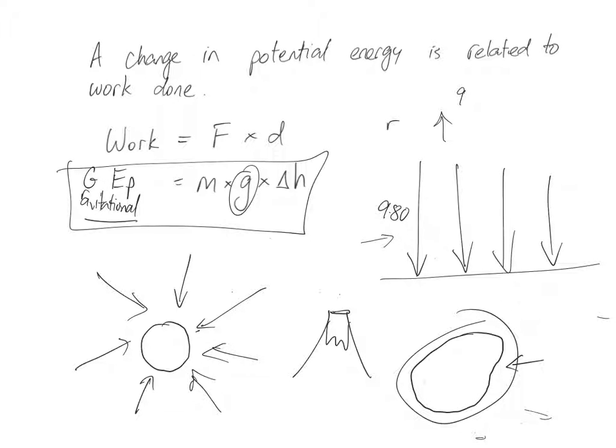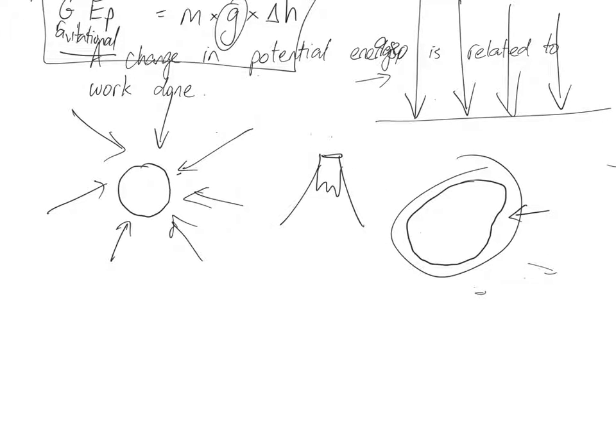You might have more gravity. The other situation where the gravity changes might be if you have more density of rocks or materials in a certain spot. You also have a greater gravitational attraction or acceleration due to gravity at that point.